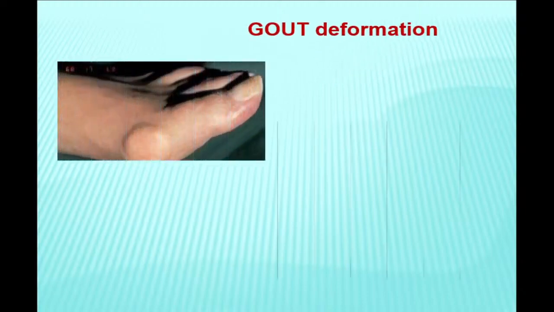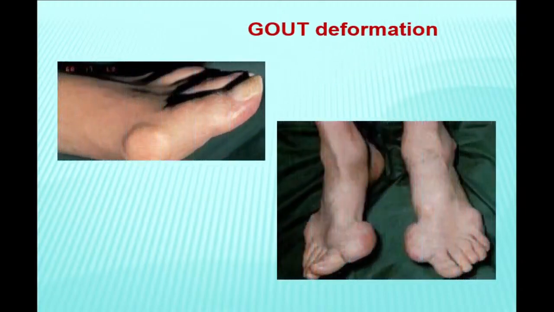Gout deformation also has its specificity. First of all, it is localized near the big toe. And you see, due to collection of uric acid in the destroyed joint, a specific formation is formed, which is called tophus.